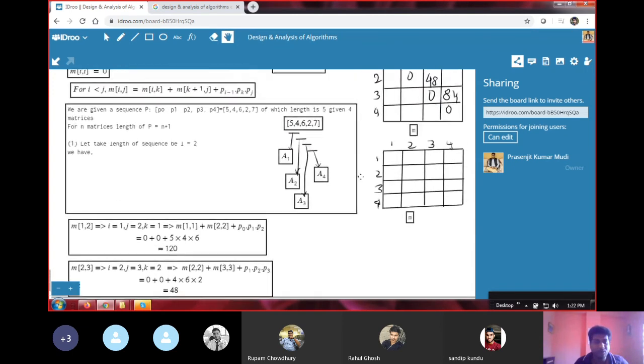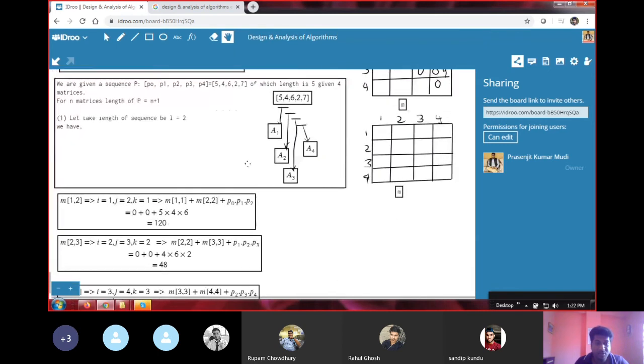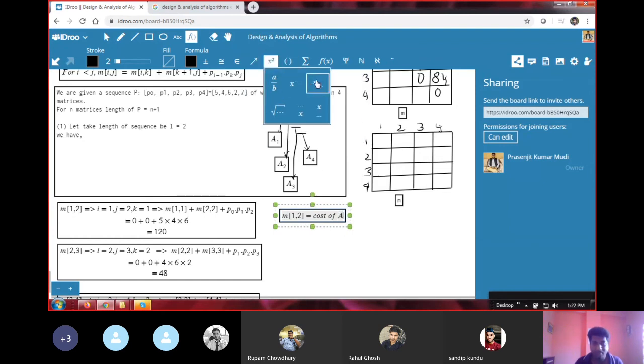next what you do, you try to validate these results which have been calculated based on the formula. We human beings can calculate this M12, M23, M34 without this formula. Okay, how? See here, M12, which is the cost of multiplying A1 dot A2.